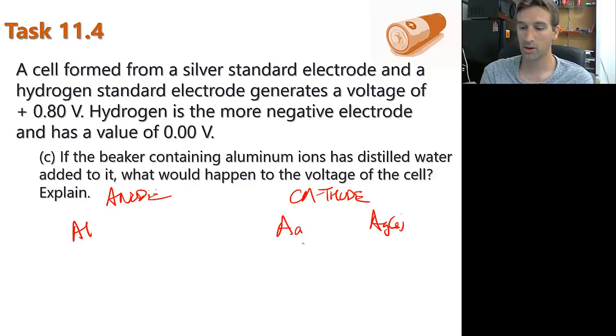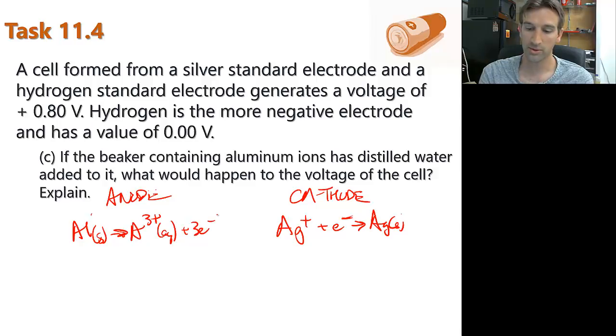So here are our relevant equations. The silver is gaining an electron to become the solid silver. The aluminum solid is going to be turning into aluminum 3+ and giving 3 electrons away. So, question is, if these are equilibria, double arrows, what happens when I add distilled water to the aluminum side?